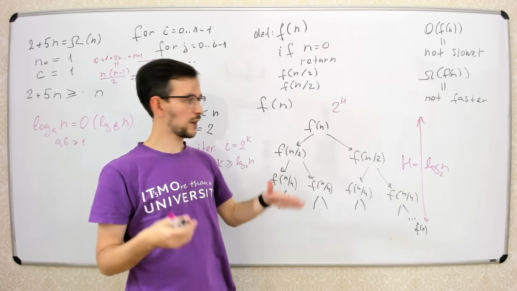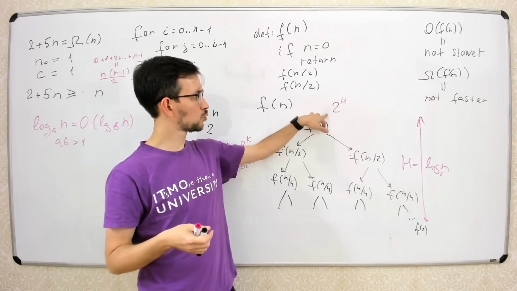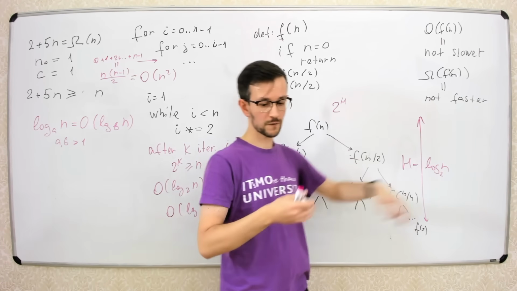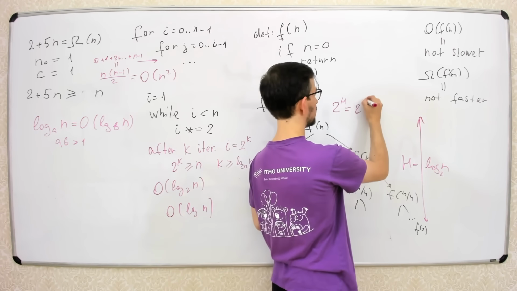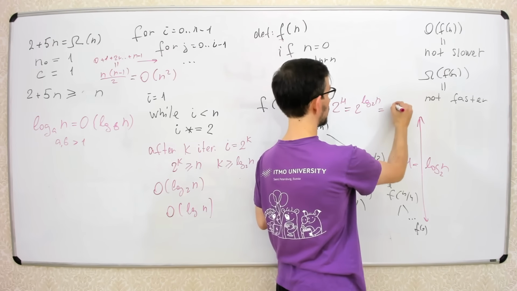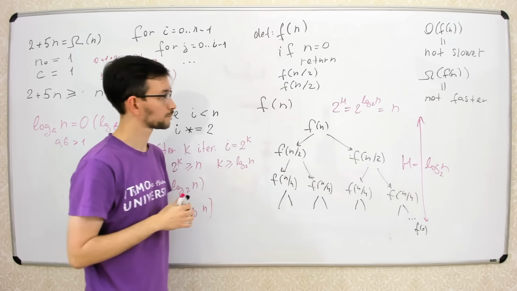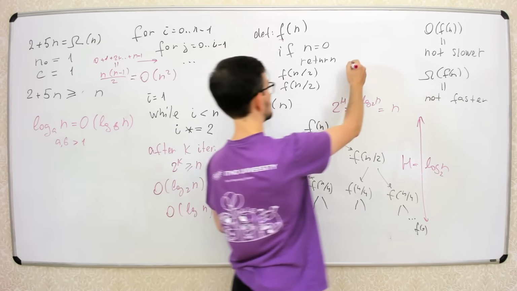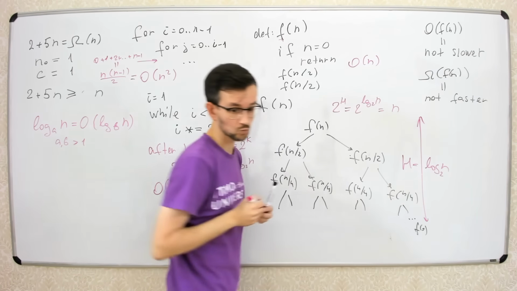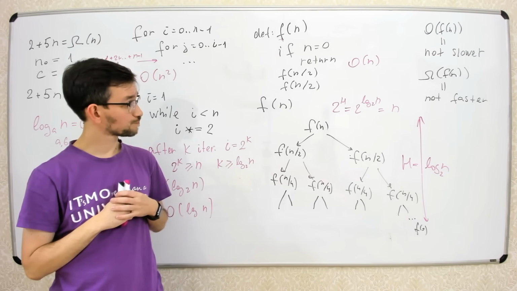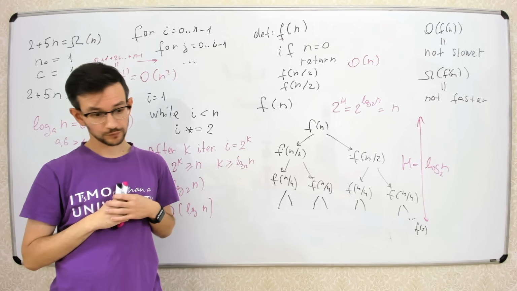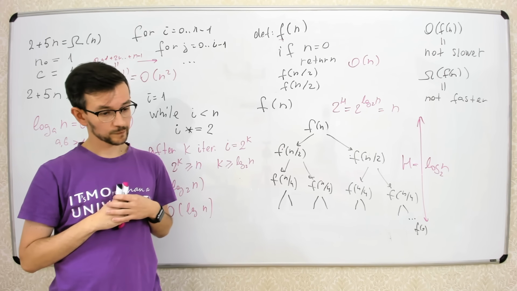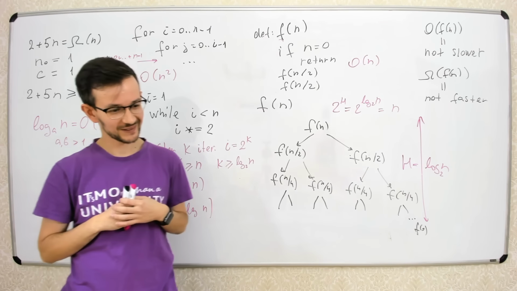So the total number of elements in this tree will be 2 in the power of log n base 2, which is n. So the time complexity of this algorithm is linear actually. Is it clear enough?